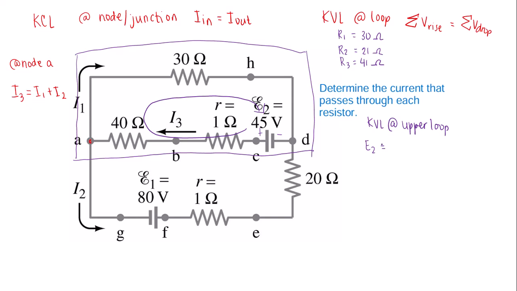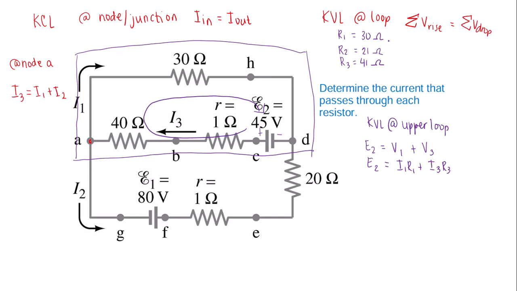Now this is the voltage drop across resistor 1 and the voltage drop across resistor 3. We're looking for current, so we have to express these two in terms of current. We can use Ohm's law. So battery equals I1R1 plus I3R3.